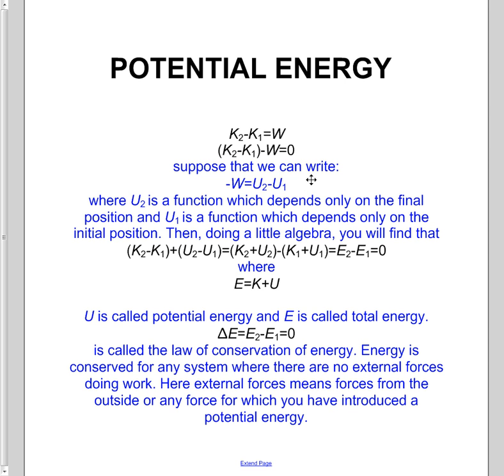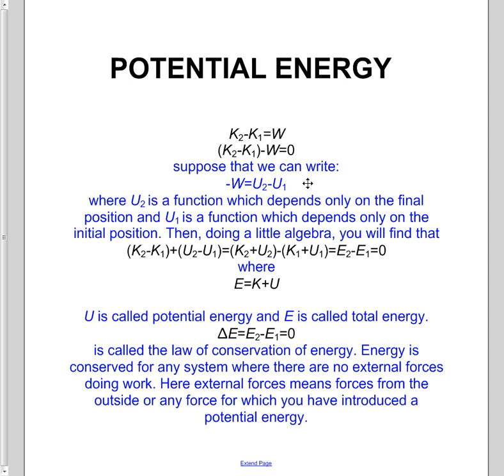And now suppose, just suppose, that the work done depends not on how you get from the first position to the second position, but simply where the first position and second position are. In other words, suppose that we can write minus W in the form U2 minus U1, where U2 is a function that depends only on where the particle ended up, and U1 is a function which depends only on where you started.